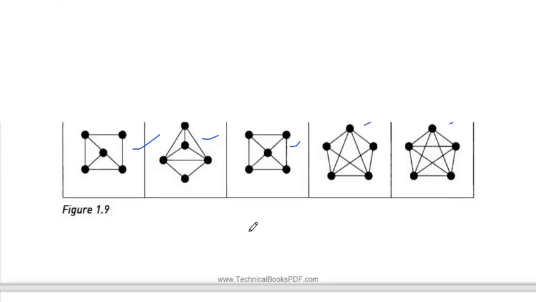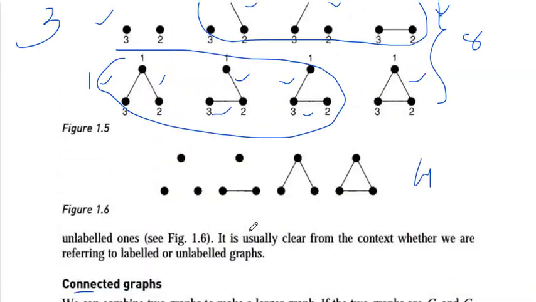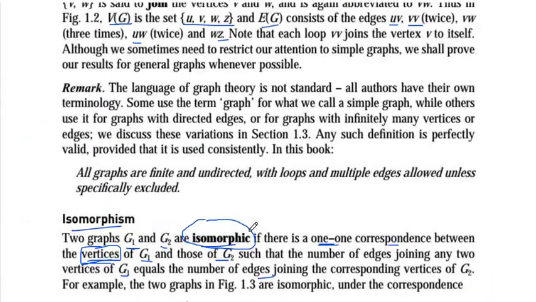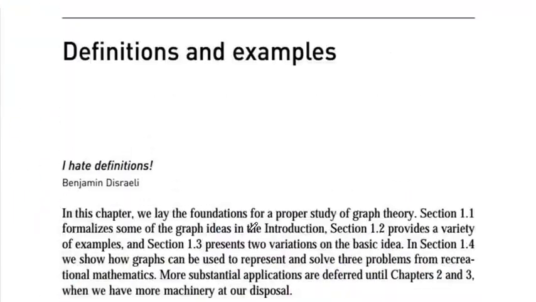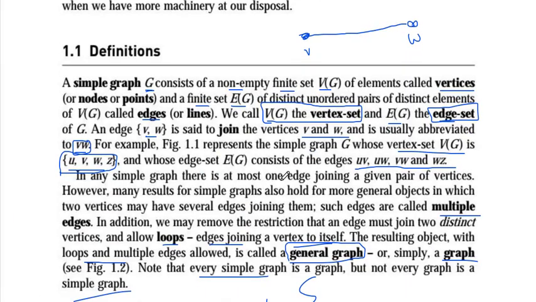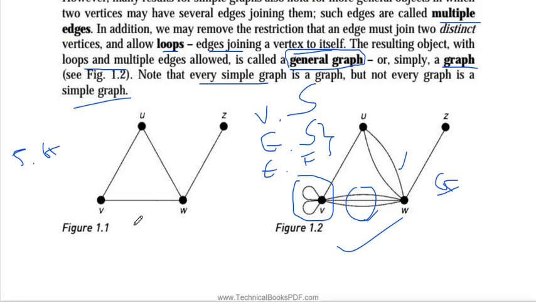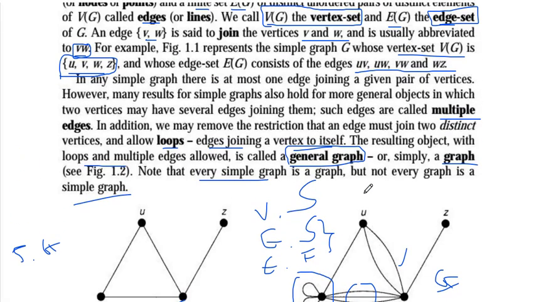So now let's revise the definitions we have studied till now. We have studied a simple graph. Simple graph means no loops and no multiple edges, and a general graph can consist of loops and multiple edges.